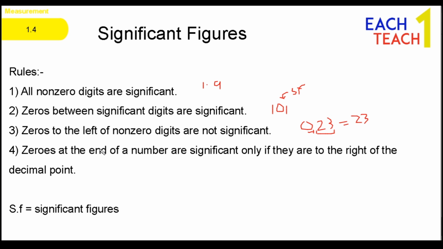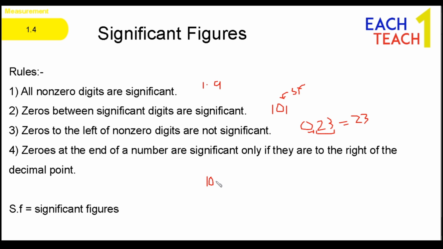Last rule: zeros at the end of a number are significant if they are to the right of the decimal point. Again, like I said earlier, 10 and numbers like that can be counted as significant figures. Suppose your number is 10.056.